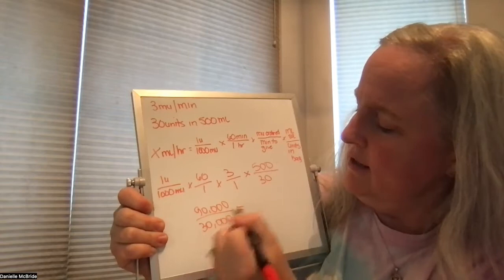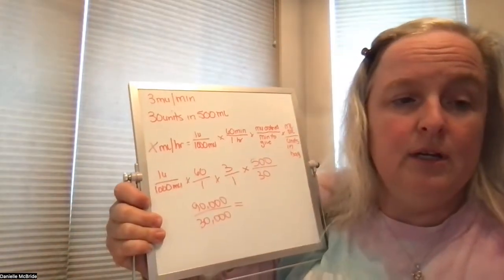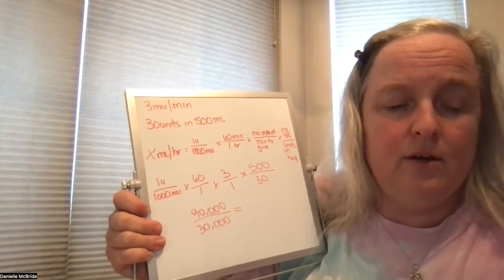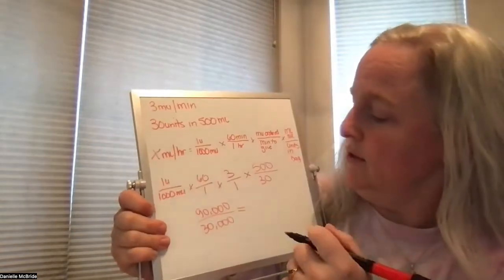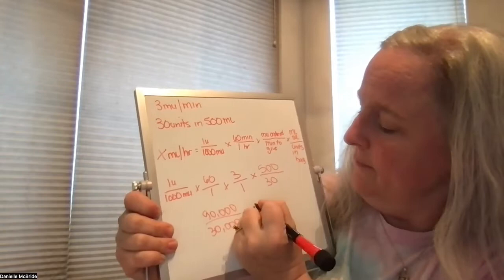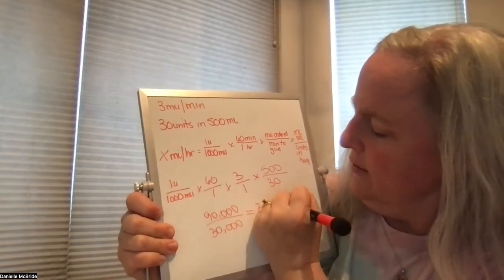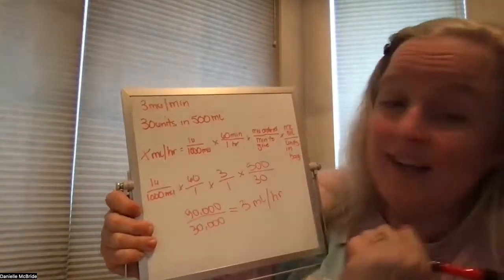And then this equals 90,000 divided by 30,000 equals 3. So 3 milliliters per hour is the answer.